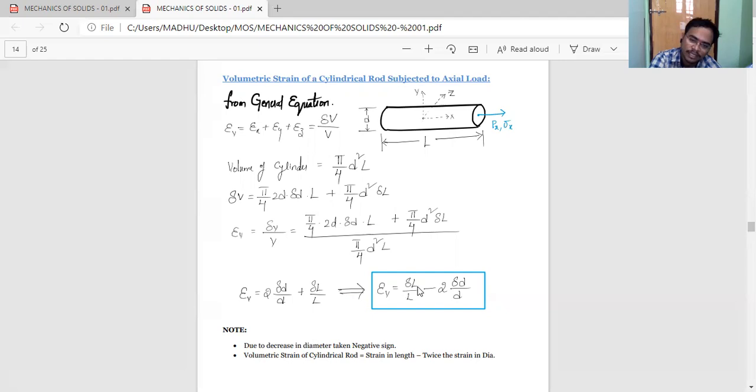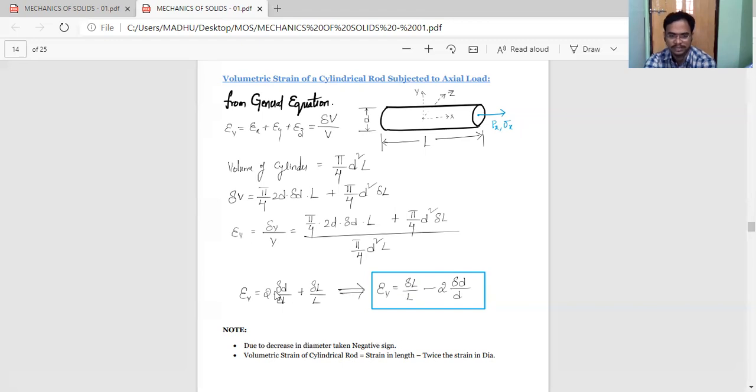So del L by L is the primary strain, minus 2 times the secondary strain. See, the change in the length is because of the primary strain, that is direct stress, and the change in diameter is the lateral strain, because of the secondary strain. Due to the decrease in diameter, it is taken as a negative sign.